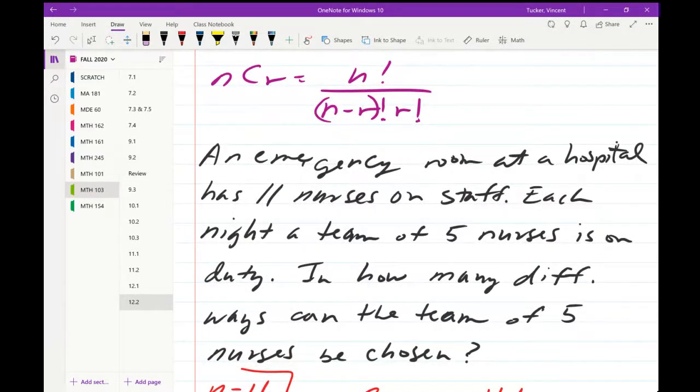All right, so an emergency room at a hospital has 11 nurse staff. Each night, a team of 5 nurses is on duty. How many different ways can a team of 5 nurses be chosen?